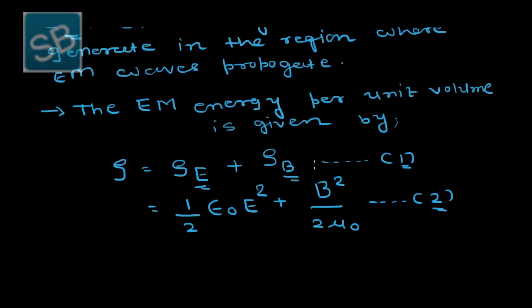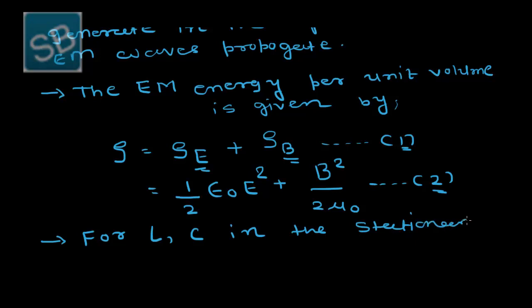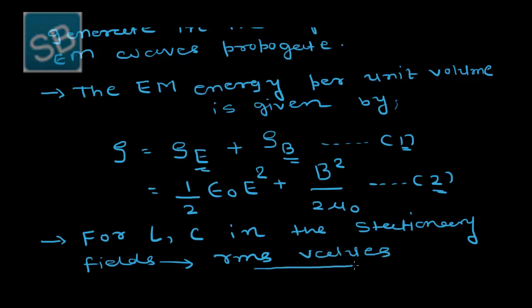Now, if we apply or obtain this relation for the inductor and capacitor in the stationary field, then here the electric and magnetic fields are oscillating as per sine or cosine function, and so it is necessary that we should consider the RMS value. So this is the basic concept.